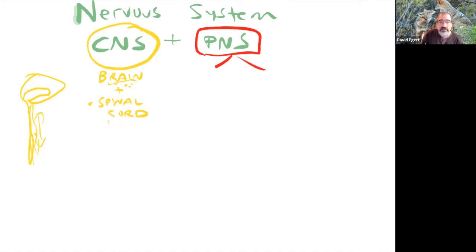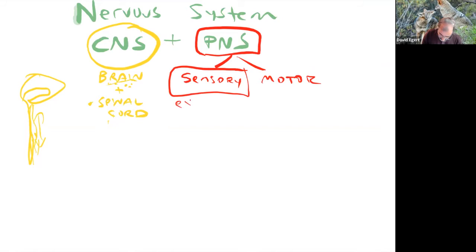So the PNS has two branches. What are the two main branches of the PNS? Motor and sensory. Exactly. The sensory, I said, is going to be both external senses and internal senses. We'll look at all the different senses: how does vision work, how does hearing work, how do taste and smell work?